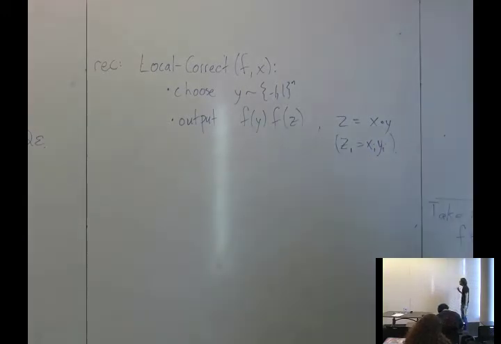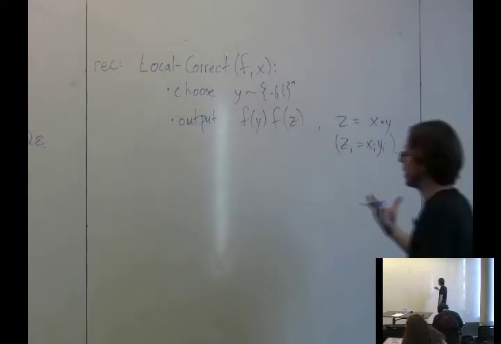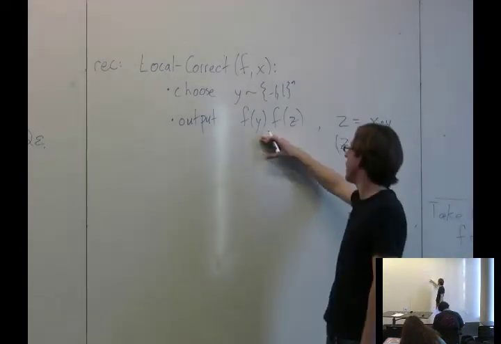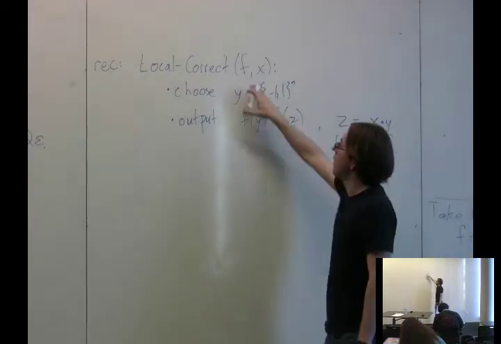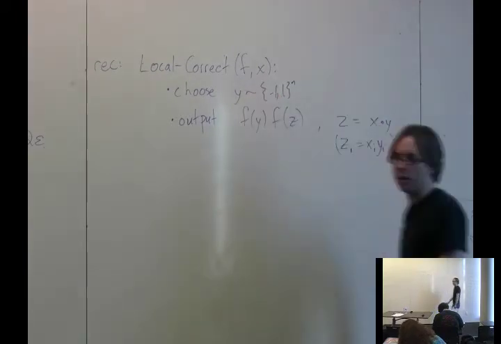So this is a two-query algorithm that doesn't output accept or reject. It actually outputs a bit, its guess at what f of x should be.